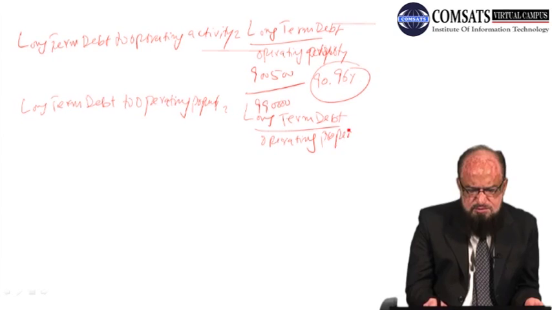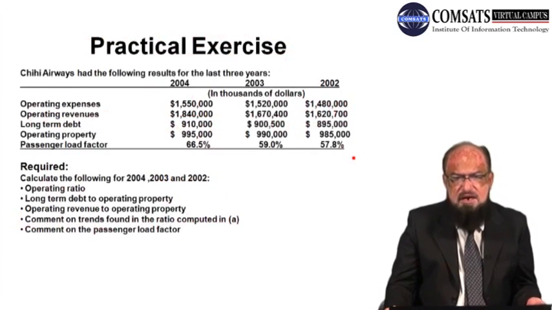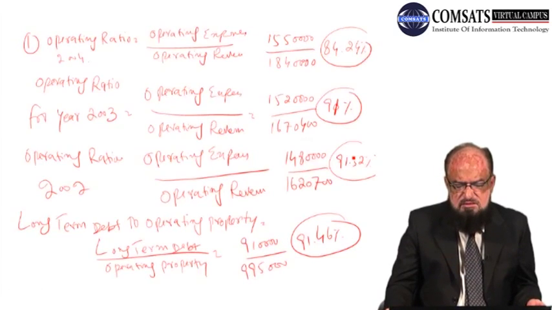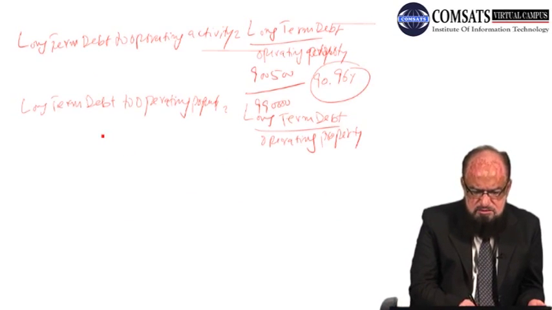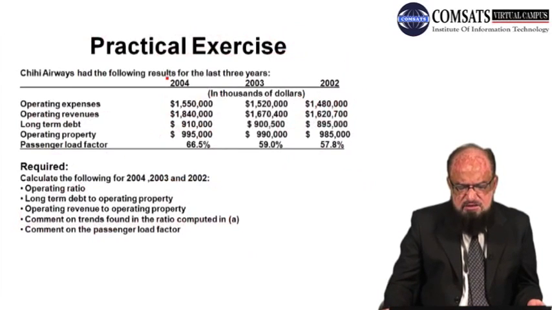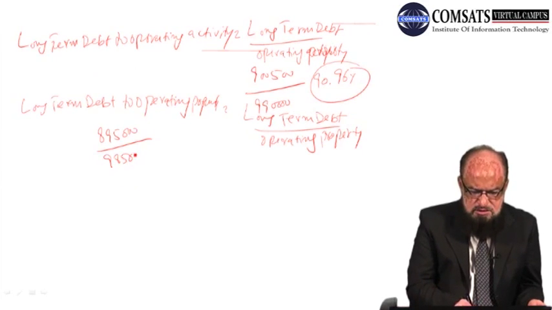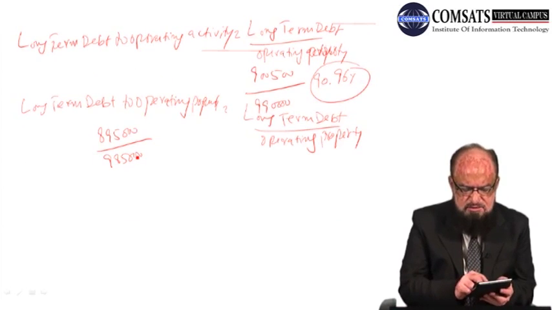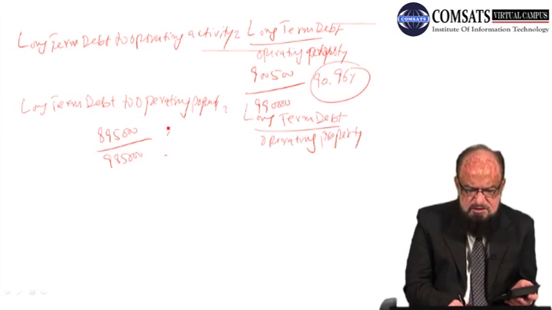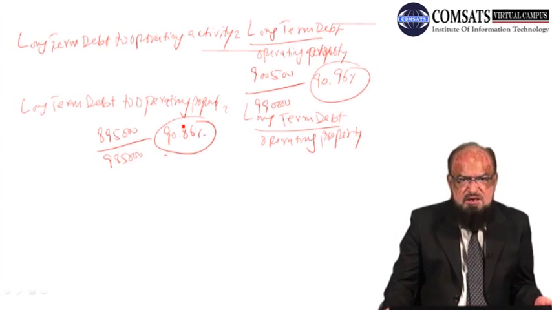Long-term debts are given in the question, that is 895,000, divided by operating property 985,000. It is a simple calculation: divide by 985,000, multiply by 100, and it is 90.86%. So this was the long-term debt to operating property ratio.